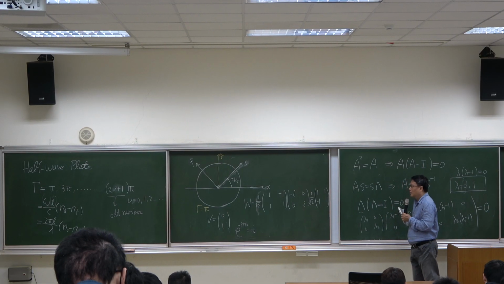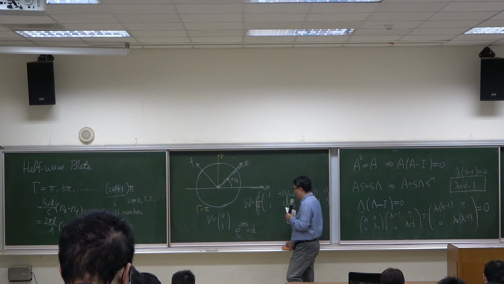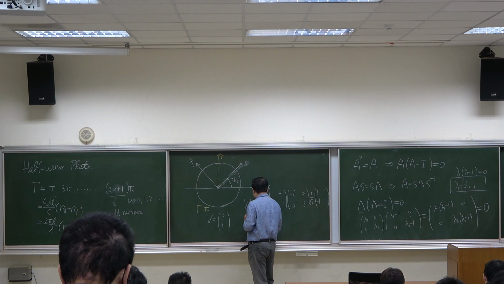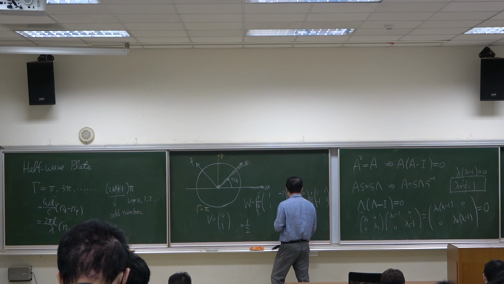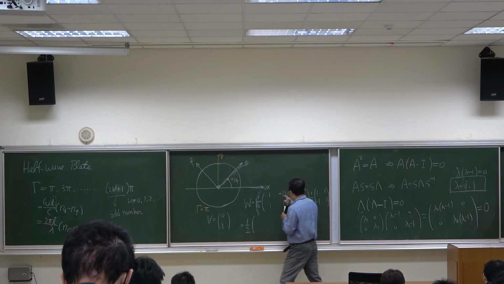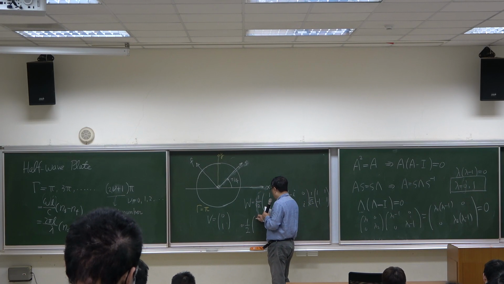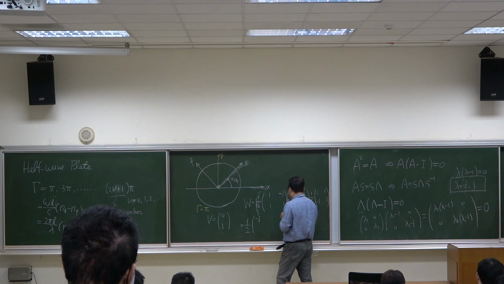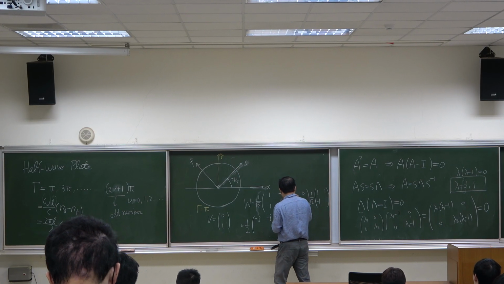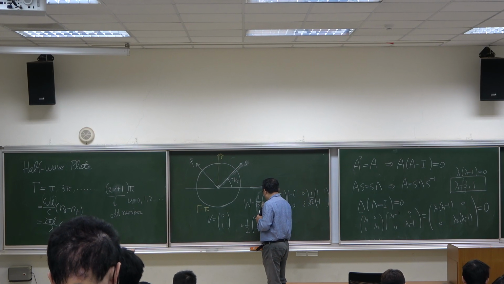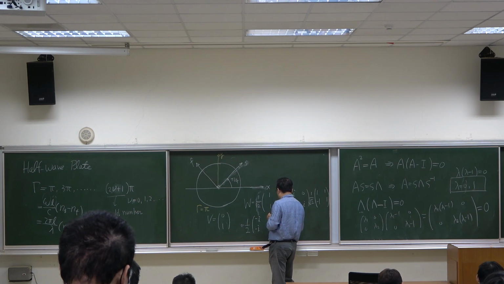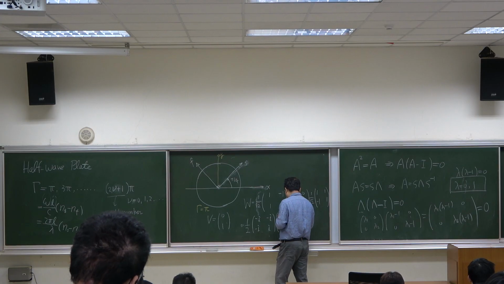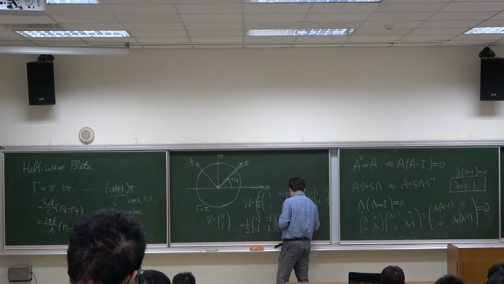Okay, so the result is 1/2 times minus i, minus i, minus i times (1, 1; minus 1, 1).